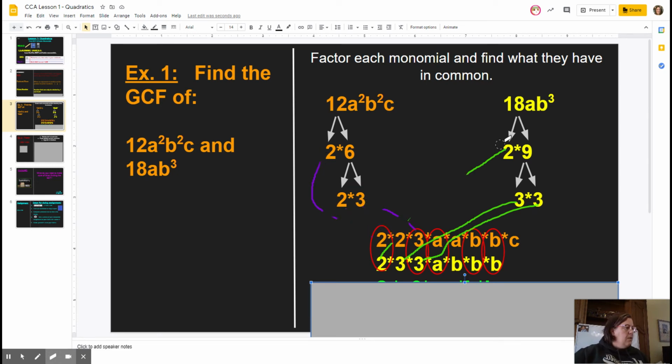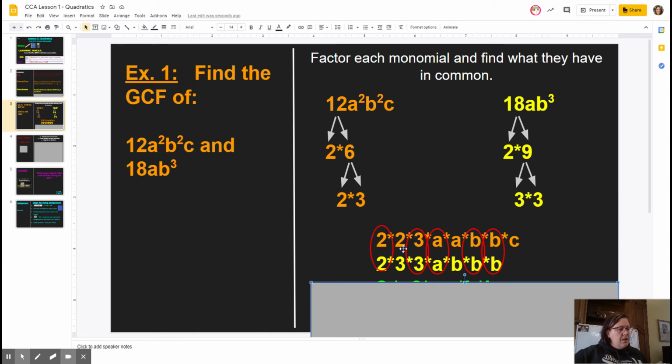Now, the next thing that you'll notice is I've drawn red ovals around some things. Those red ovals are what each of those lists have in common. They have a 2 in common, they've got a 3 in common, they've got an a in common, and then 2 groupings of b's. And this is how we're finding that greatest common factor.